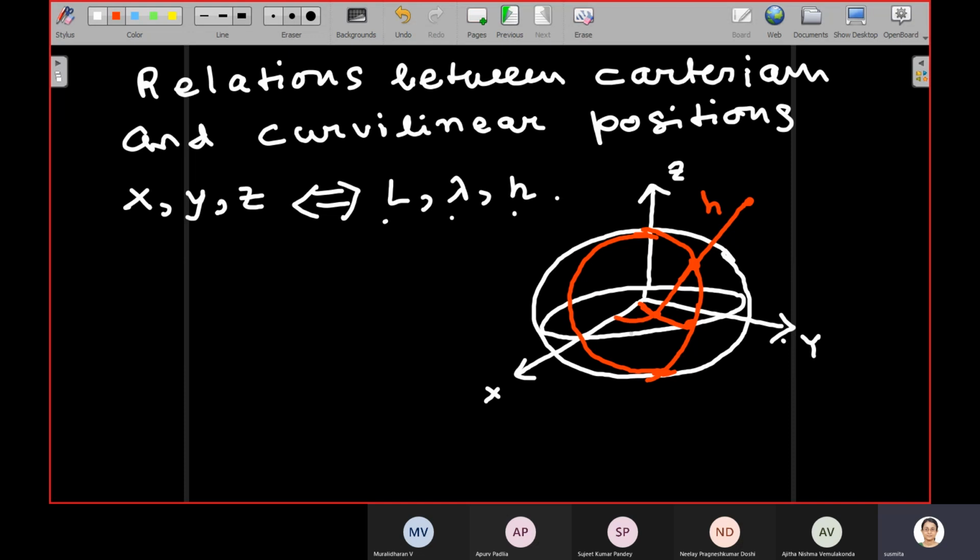This is lambda, and what is this angle? Tell me what this angle is.